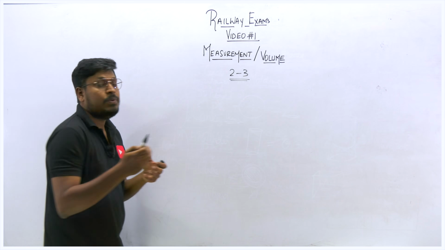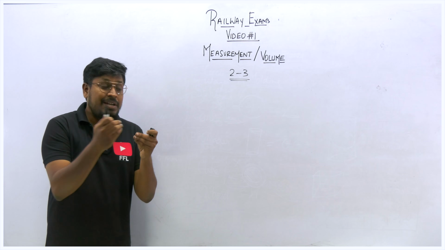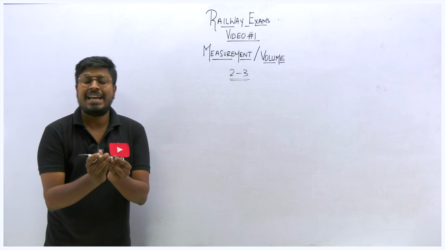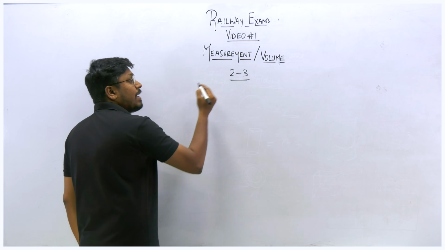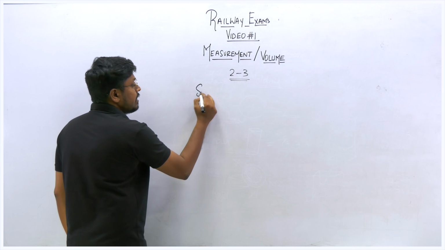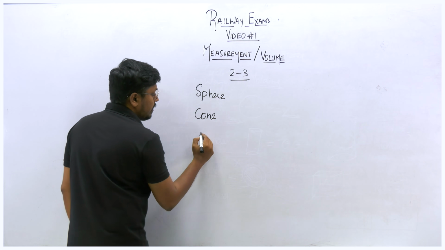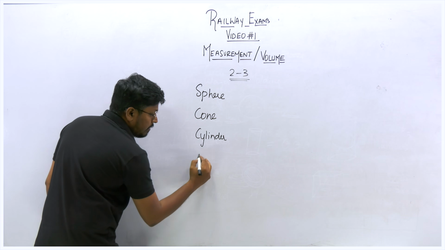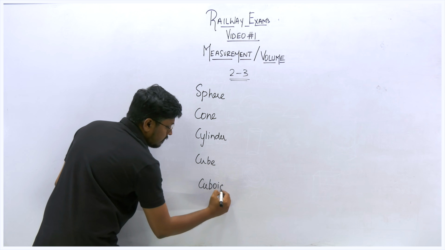Why? Because if you learn the formulas, you don't have to learn that many. When you look into the previous five years of RRB Group D and NTPC question papers, you can find that questions were asked only from these areas: first is sphere, second is cone, third is cylinder, and fourth is cube and cuboid.